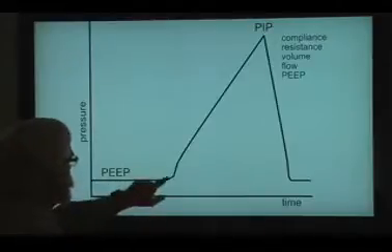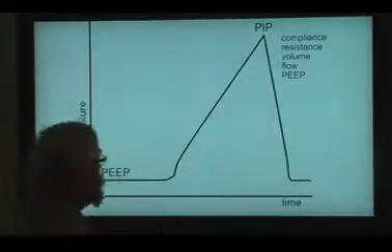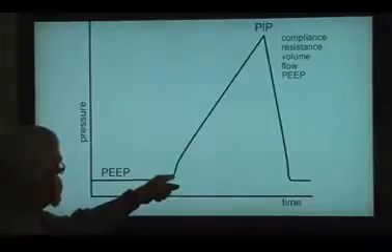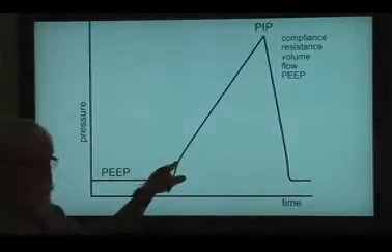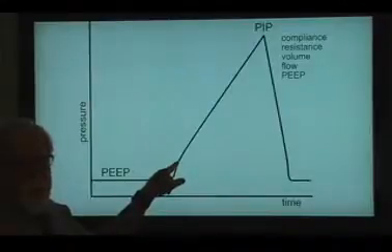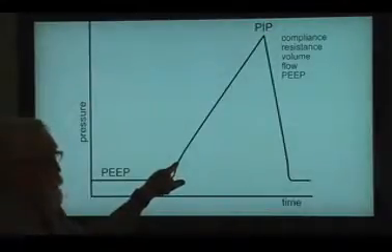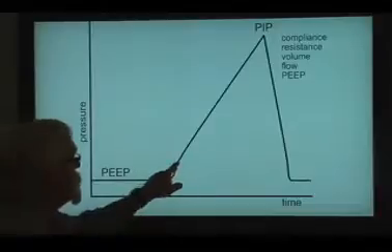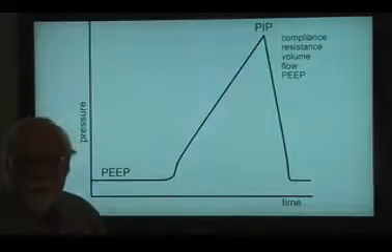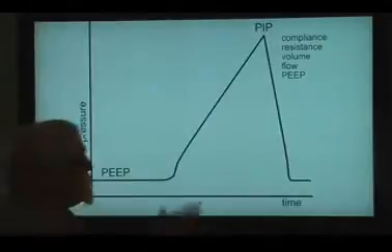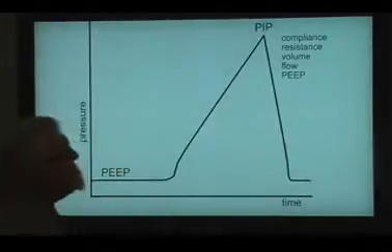The pressure goes from the level of PEEP up to the peak inspiratory pressure. There's initially a bump in pressure due to the resistance through the endotracheal tube. If flow is set on the ventilator to be a constant flow, a square wave of flow, the increase in pressure should be a straight line throughout the breath. If we set the ventilator for a descending ramp of flow, it'll have downward curvature.